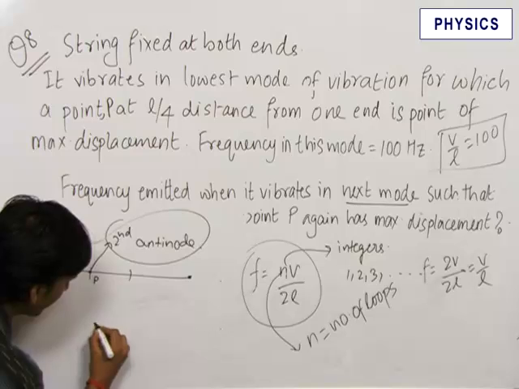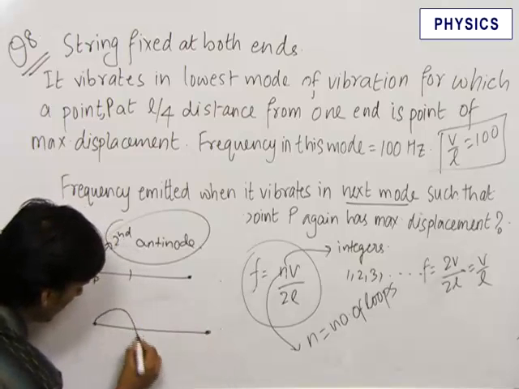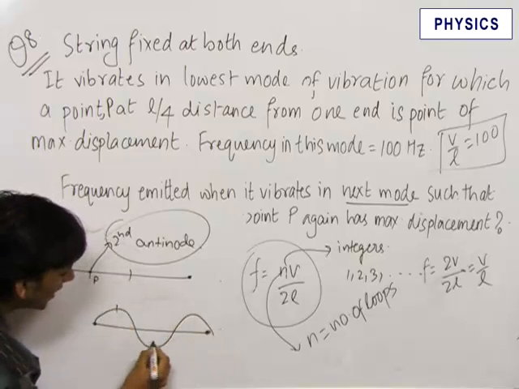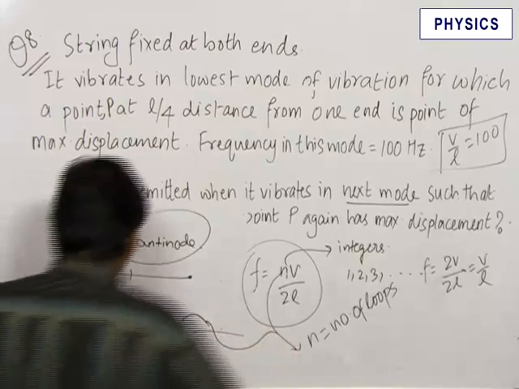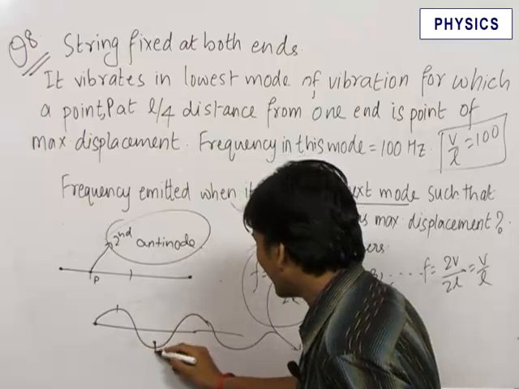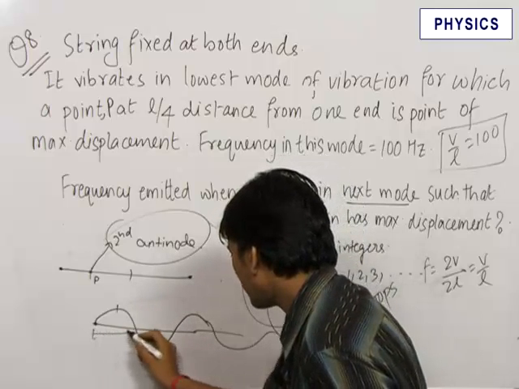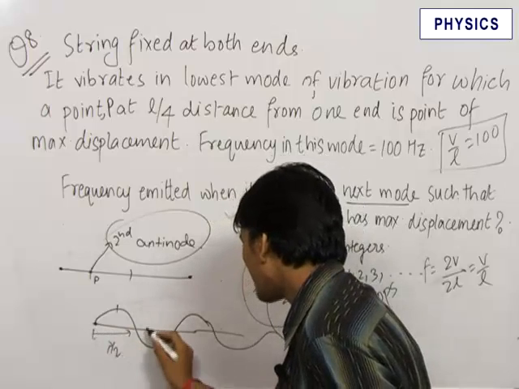Now for a string, this is the first antinode and this is the second antinode. Let this be any string. Now the distance of the second antinode from here: this is lambda by 2, this is lambda by 4.